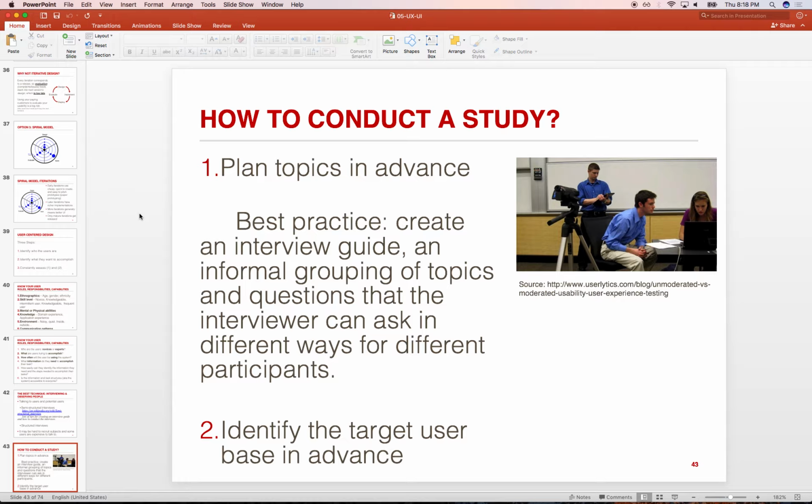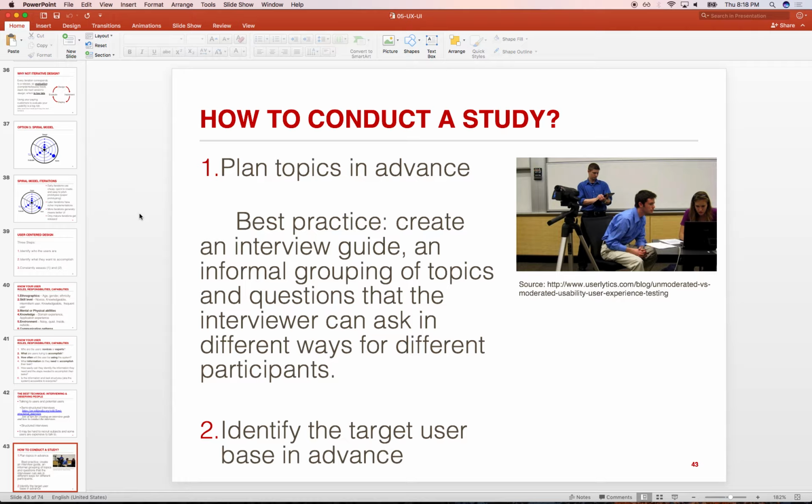Then you plan how you're going to validate a particular user interface. So you're going to validate a user interface where you're going to show these mock-ups or wireframes to real users, and they're going to start touching it and dragging it and moving it around, and you're going to be recording their movements, their movements with their hands.